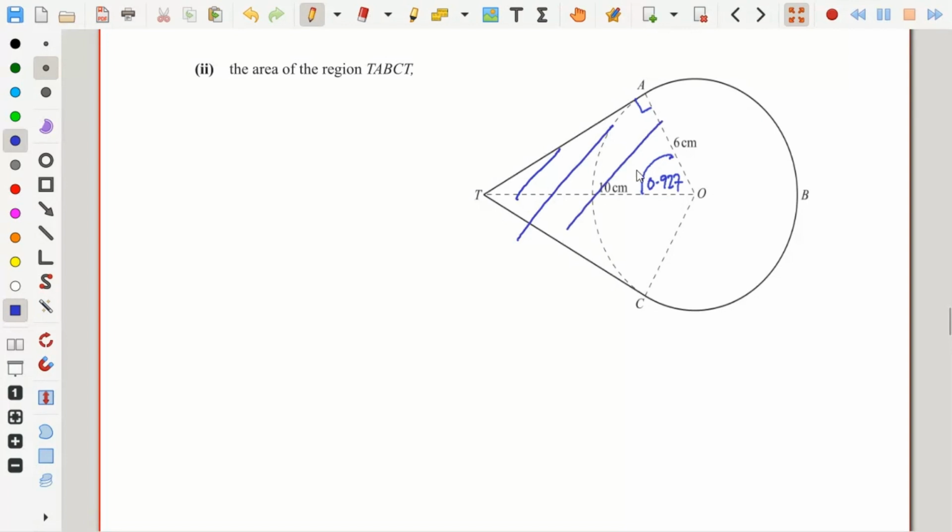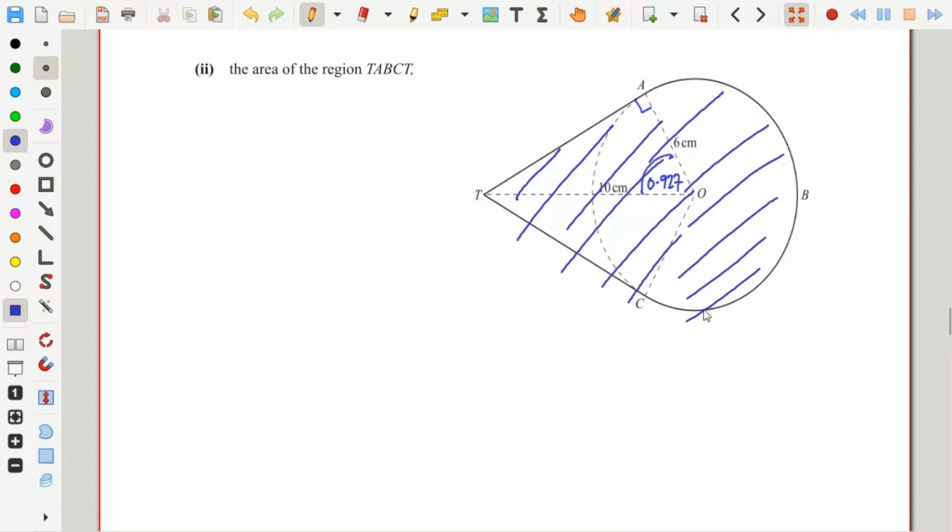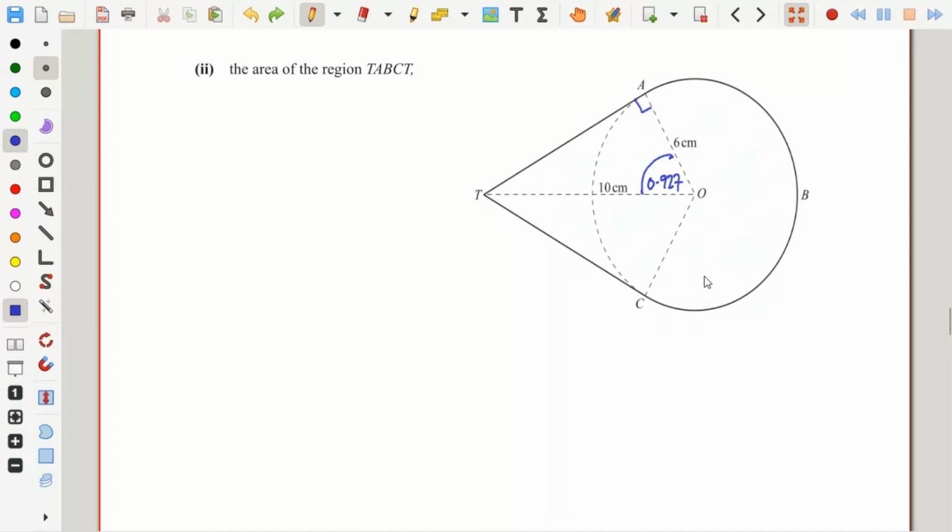So the area of the kite plus the area of the major sector. The kite is not a problem because that one we can easily find the area. Okay, the problem is this side. That's a major sector.